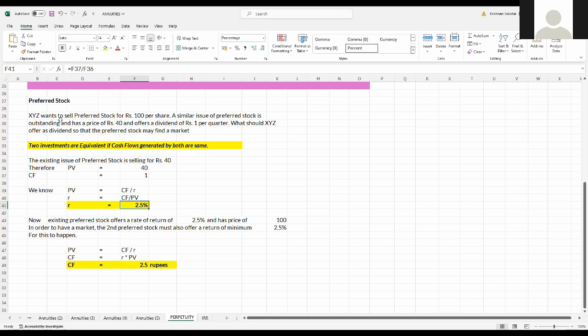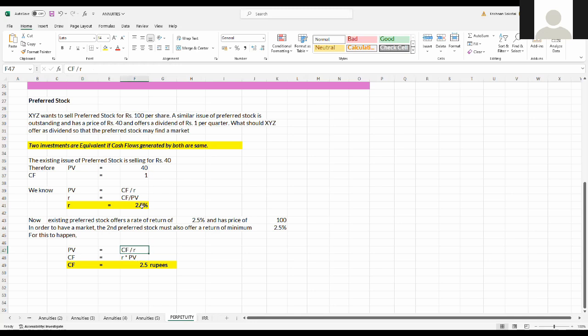This preferred stock, whose price is 100 rupees. So now the present value in this case is 100. The rate of return is 2.5%. So now we calculate the cash flow that is required to be found out, and r we know is 2.5%.